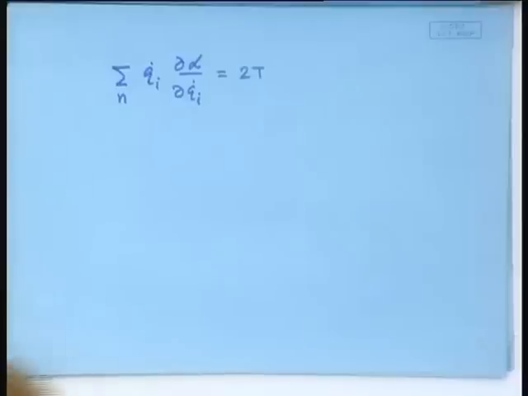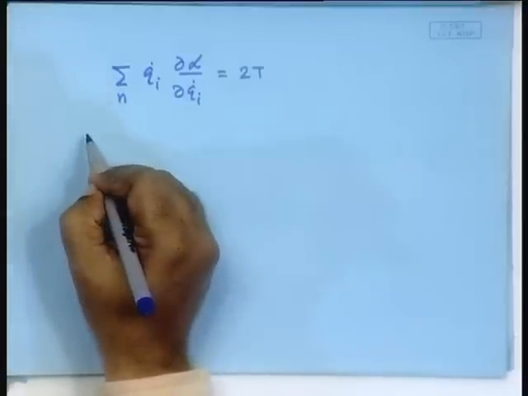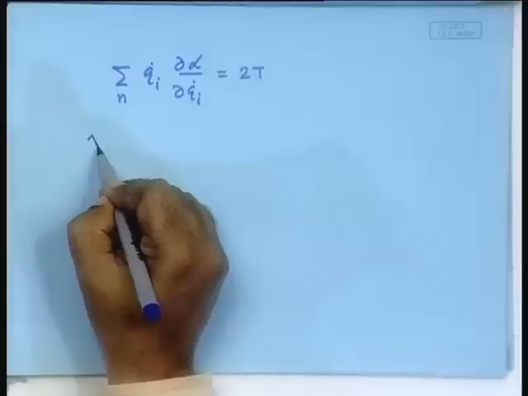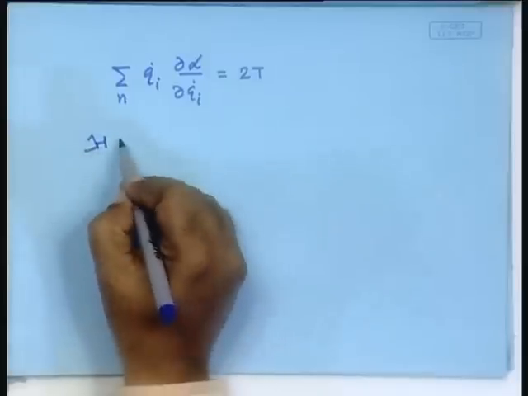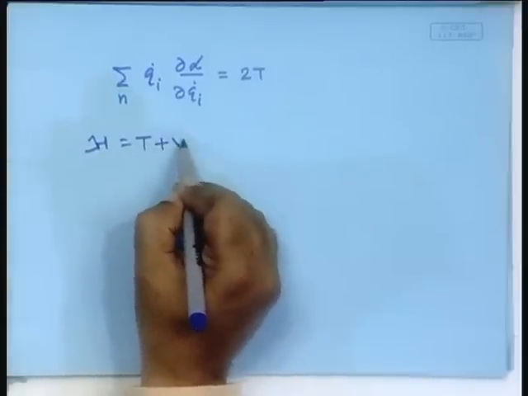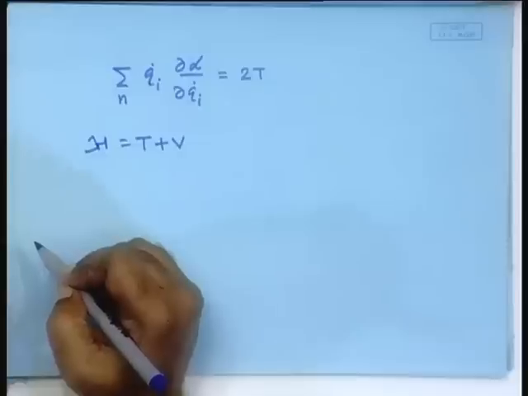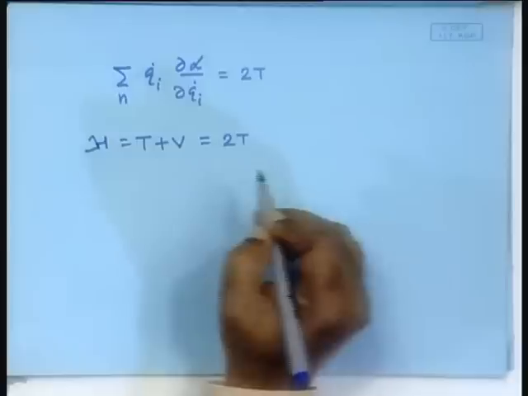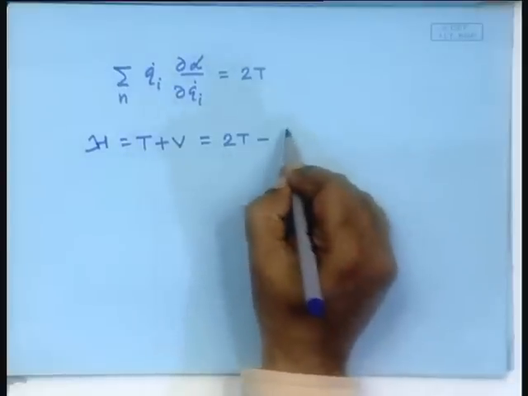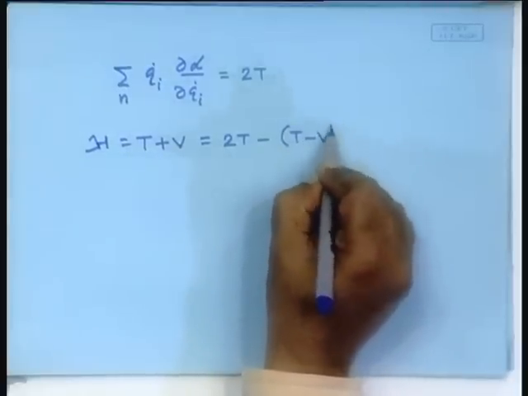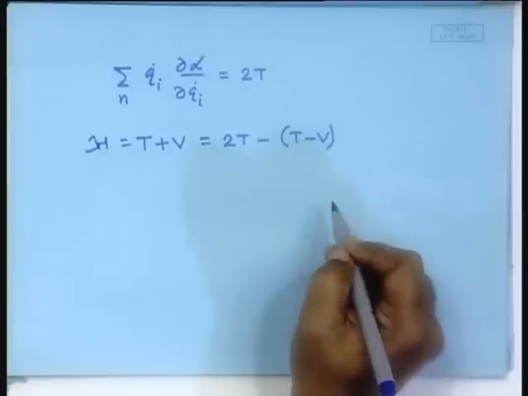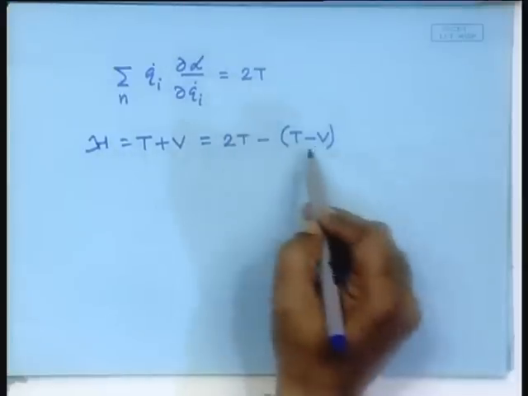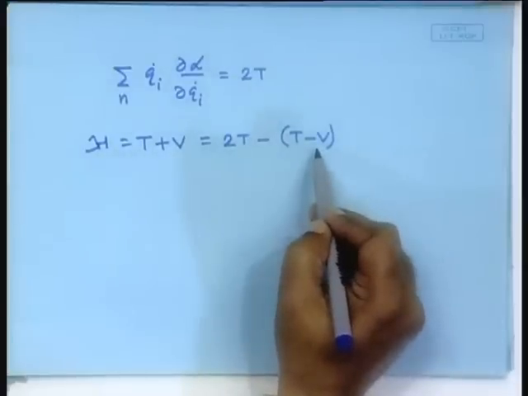Now, we have said that we want to deal with the total energy function H, which was T plus V. We will write it as twice T minus T minus V. Twice T we know what it is, T minus V we know what it is.